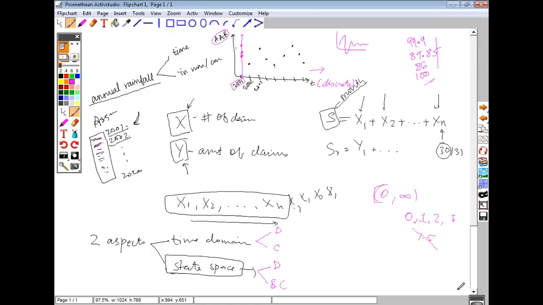But do you guys understand the way we check if a random variable is discrete or continuous? Do you understand why it makes much more sense to look at average annual rainfall as a continuous state space random variable? Yes, Isha? Can we say it is because it happens in a flow?